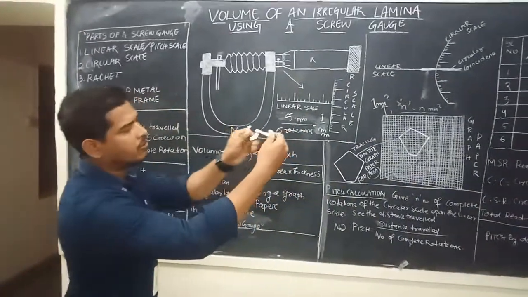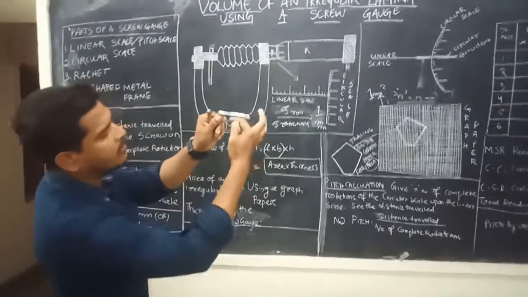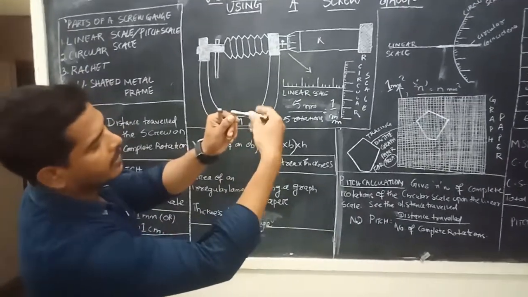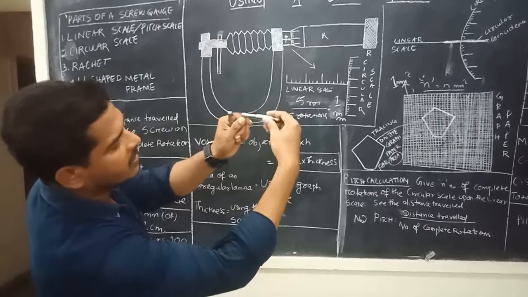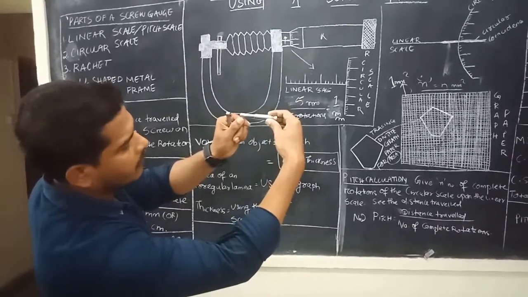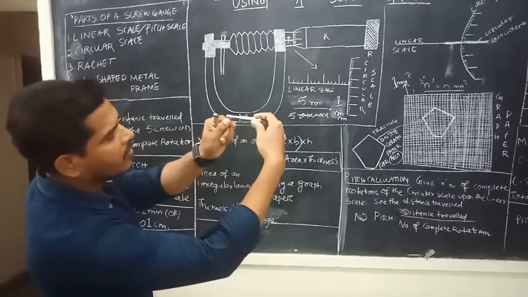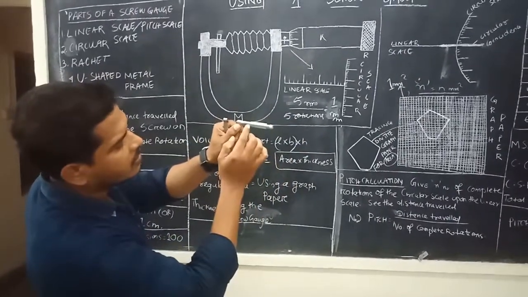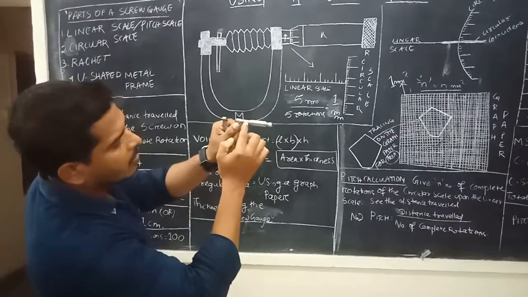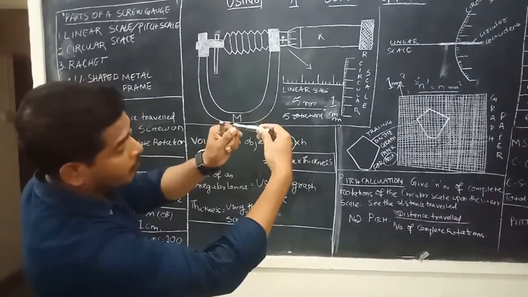Take the screw gauge, align the circular scale graduation on any whole number of the linear scale, then give n number of rotations, suppose 5 or 10. Now check how many divisions the circular scale has traveled upon n complete rotations.